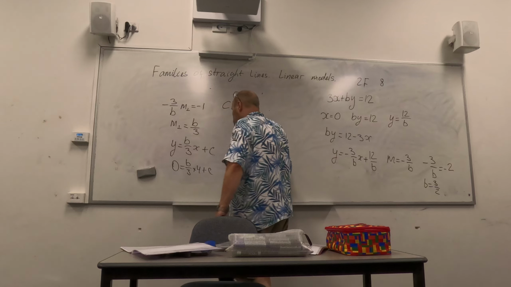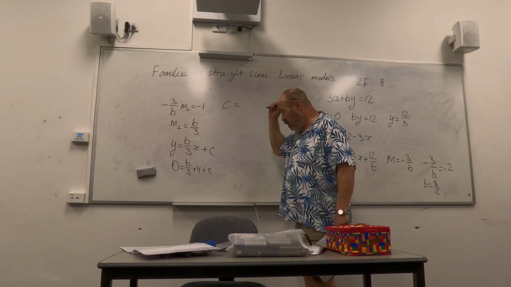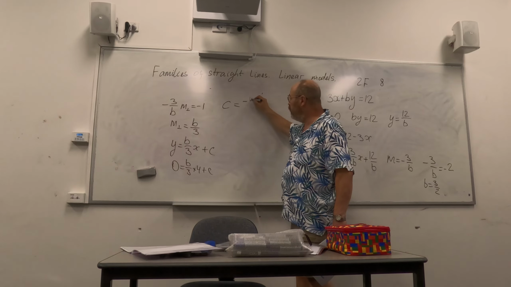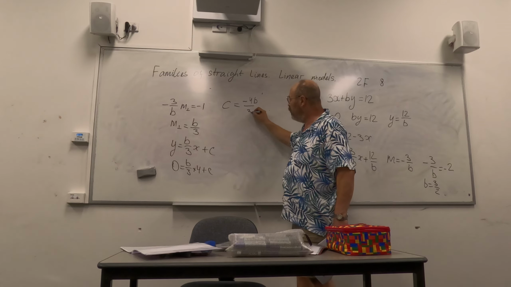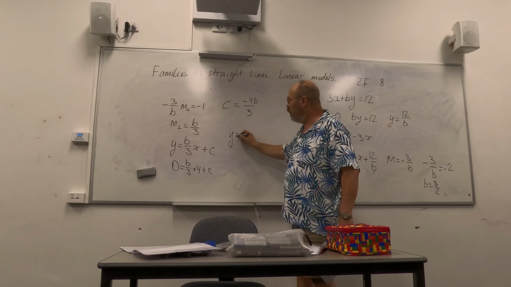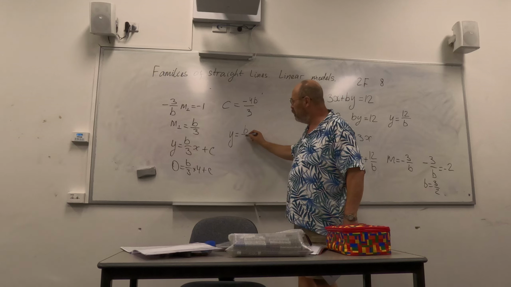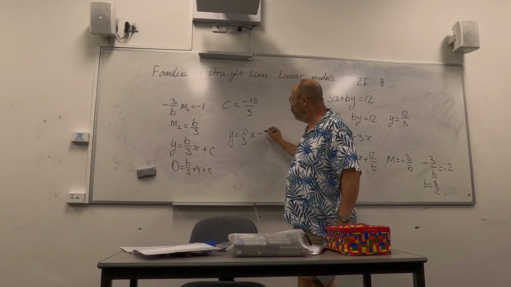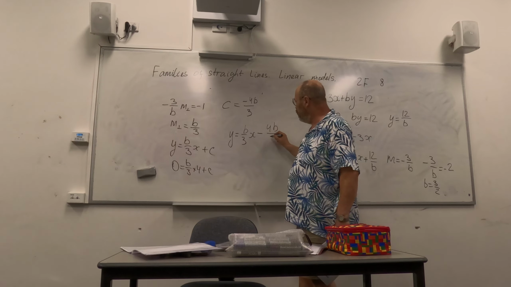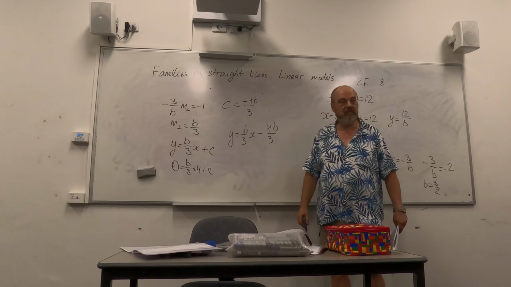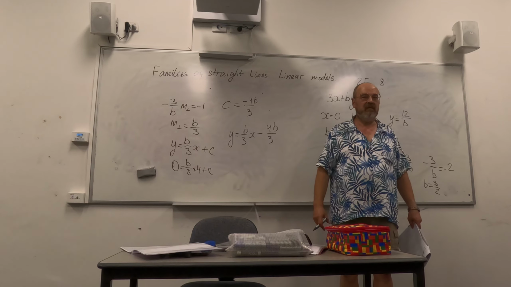So c will be equal to negative 4b on 3. So the equation is y equals b on 3 x minus 4b on 3. Make sense? Just an example.